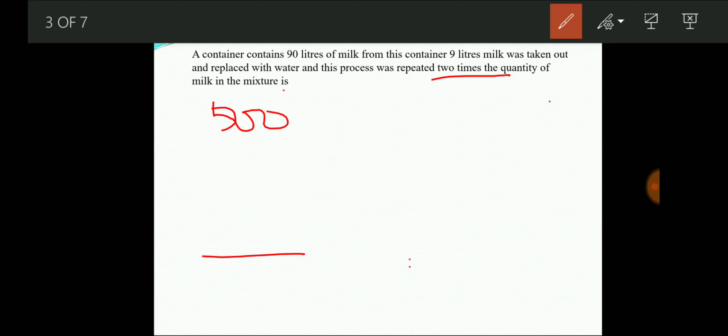It's nothing but 9 cubed, which we know is 729. So it's 9 by 10 into 9 by 10 into 9 by 10, which is nothing but 729 divided by 1000.